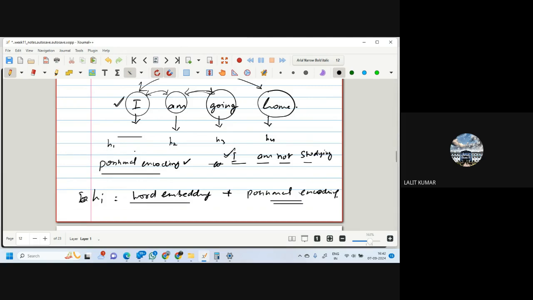This word embedding can either be used directly from Word2Vec or from GloVe, or in some transformer models this word embedding is also trained.